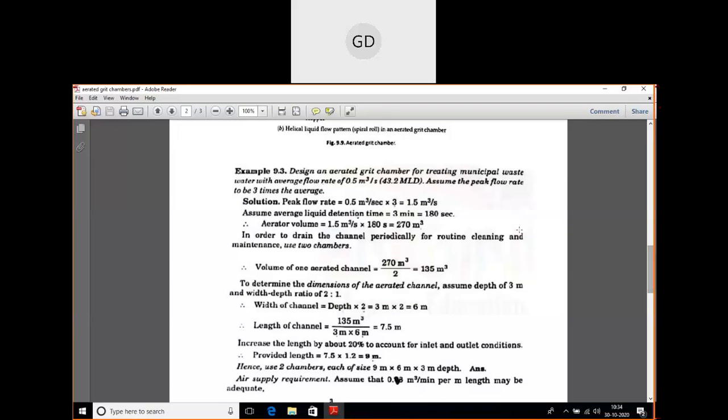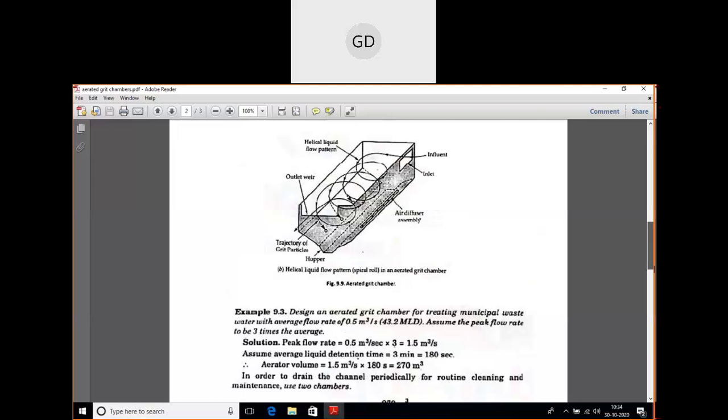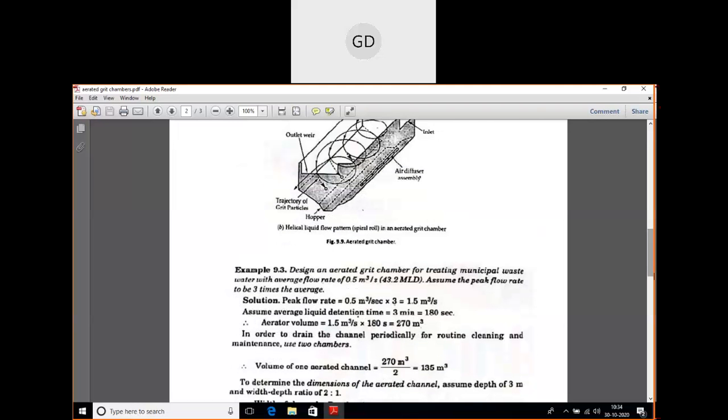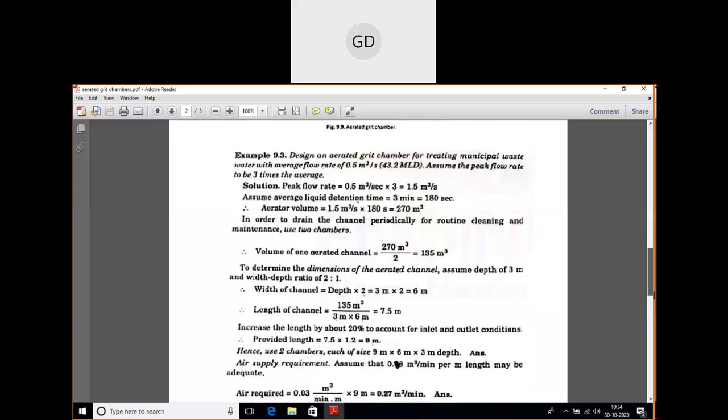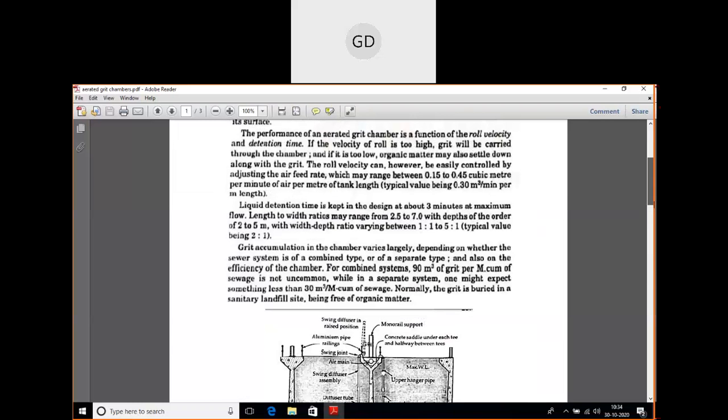Let me discuss this aerated grit chamber numerical, then you will automatically understand whatever values are given here.